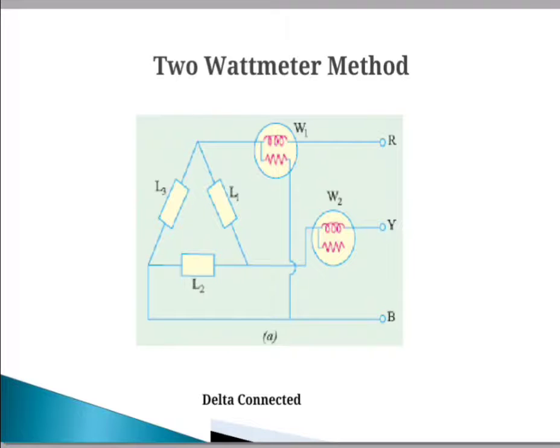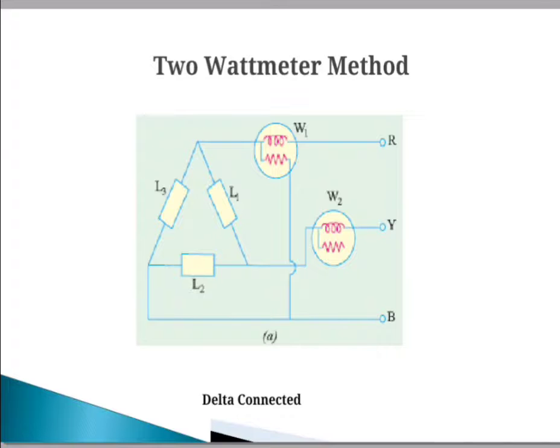The reading of the first wattmeter, P1 or W1, is equal to minus V3 bracket of I1 minus I3, and the second wattmeter reading P2, that is W2, is equal to minus V2 bracket of I2 minus I1.